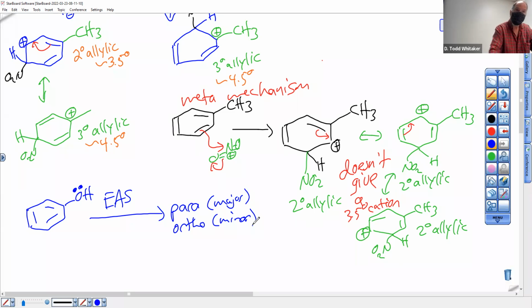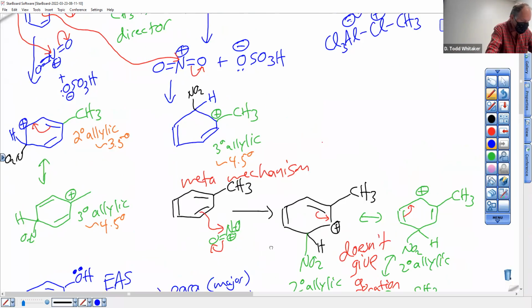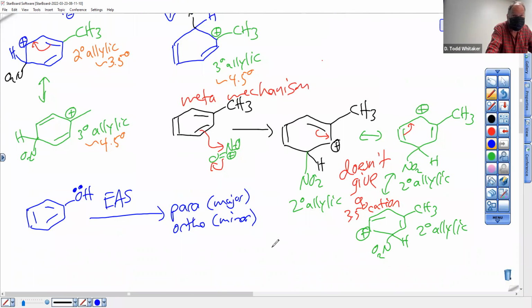Okay? Now, without redoing all the mechanisms, I just want you to use your imagination. I'm only asking you to do one imaginary step. Just make this into an NO2 group in your mind right now, all the way across. NO2, NO2, NO2, NO2. Okay?